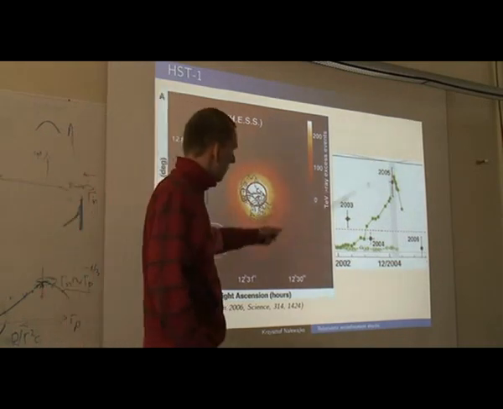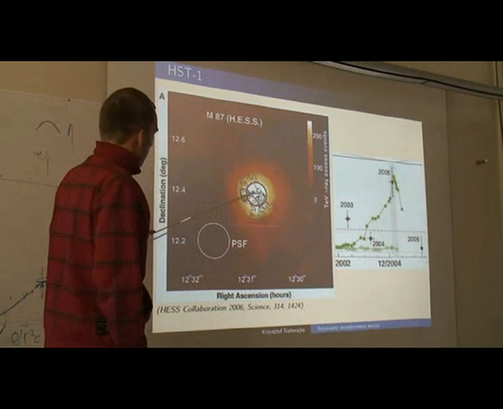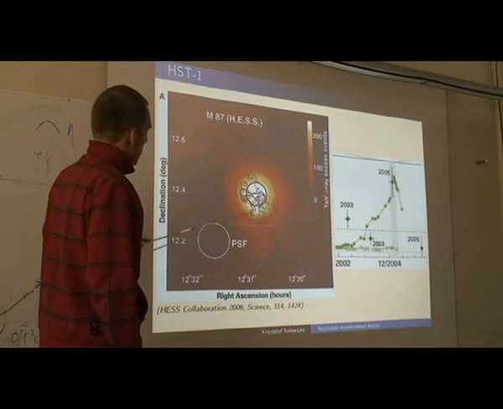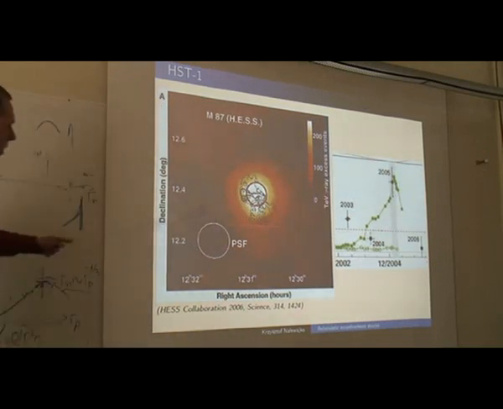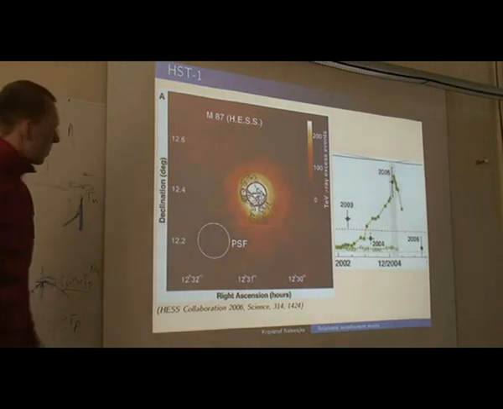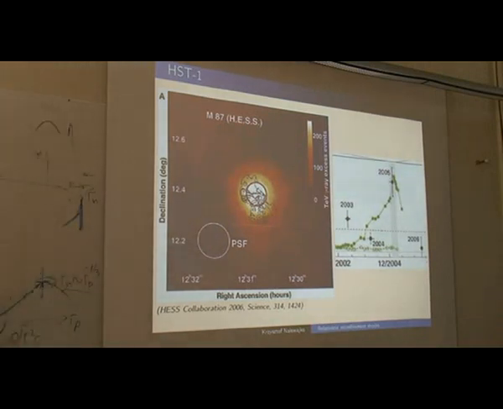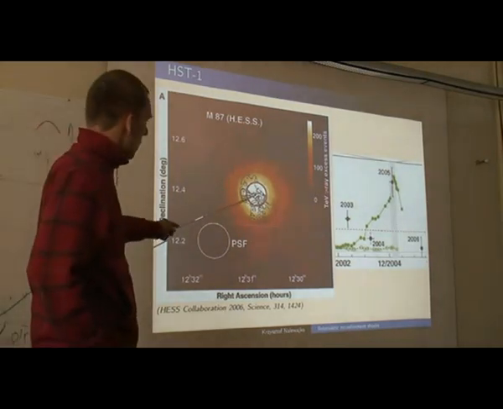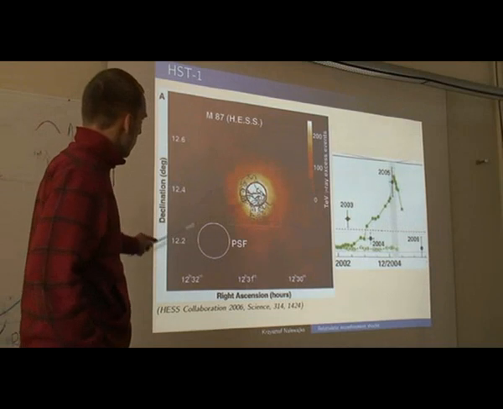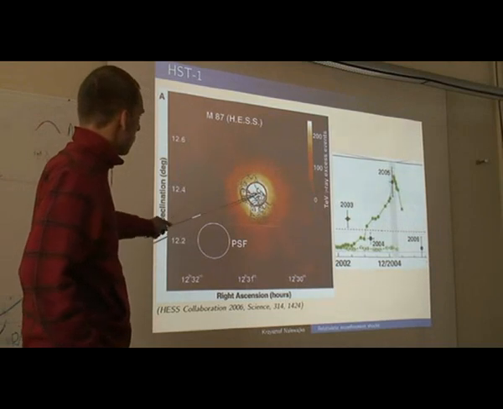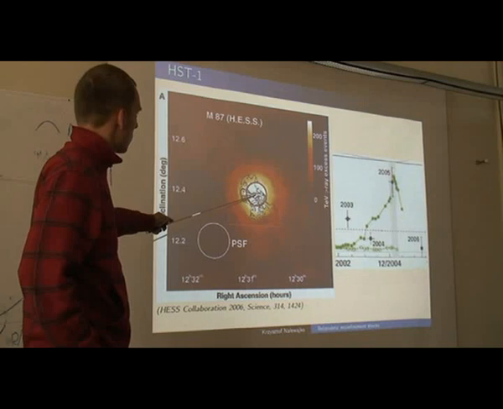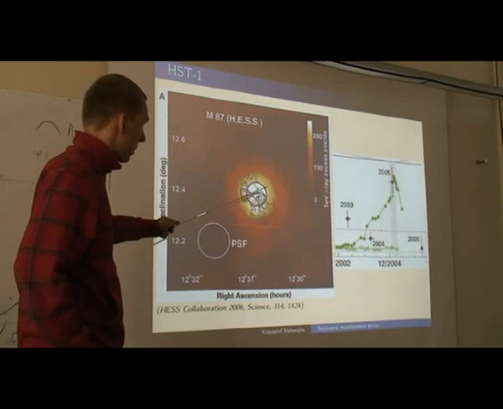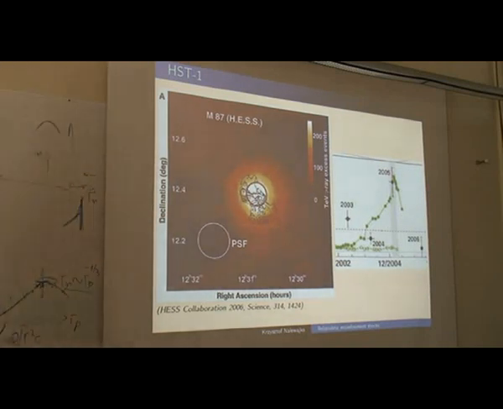From the variability arguments we have an estimation of the source size, which is 6 orders of magnitude smaller than the PSF of HESS. So which one is the nucleus of the galaxy? The flaring source is bright in low energy. This is a kiloparsec scale jet here, and the nucleus is indistinguishable in this image.